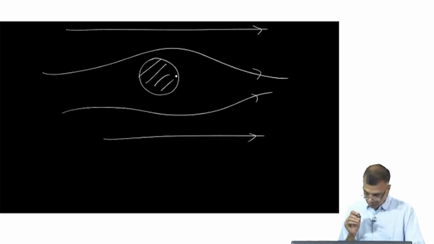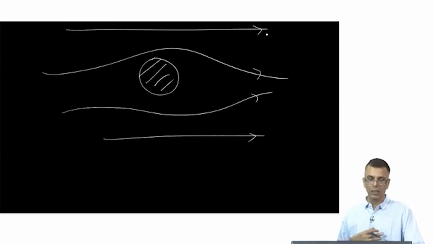This is for inviscid fluids, and applying the appropriate boundary conditions, which is that the normal component of velocity on the surface of the sphere is equal to 0, and the tangential component of velocity very far away from the sphere is undisturbed. It's what it would have been in the absence of the sphere.